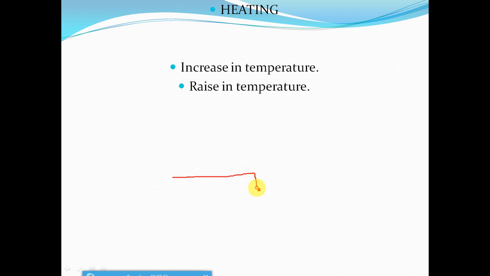So here we have one metal rod. Simple example. Assume this is an iron rod at room temperature, and that temperature is, assume, 30 degrees Celsius. Now I am heating from this point by using one stove.